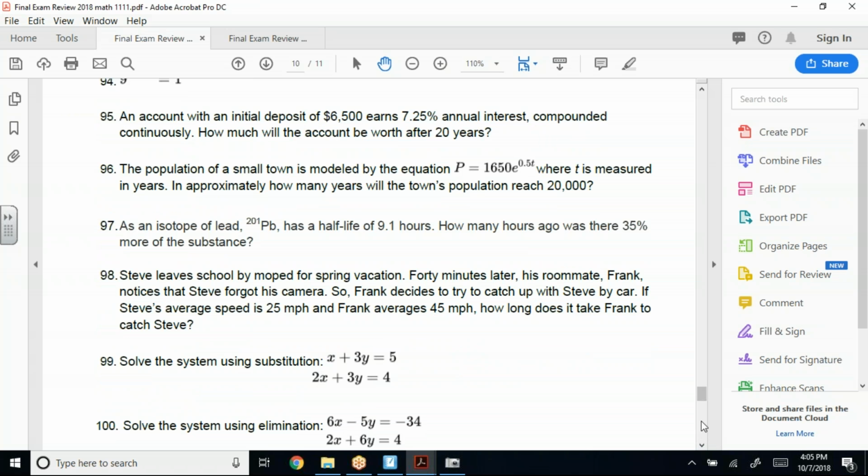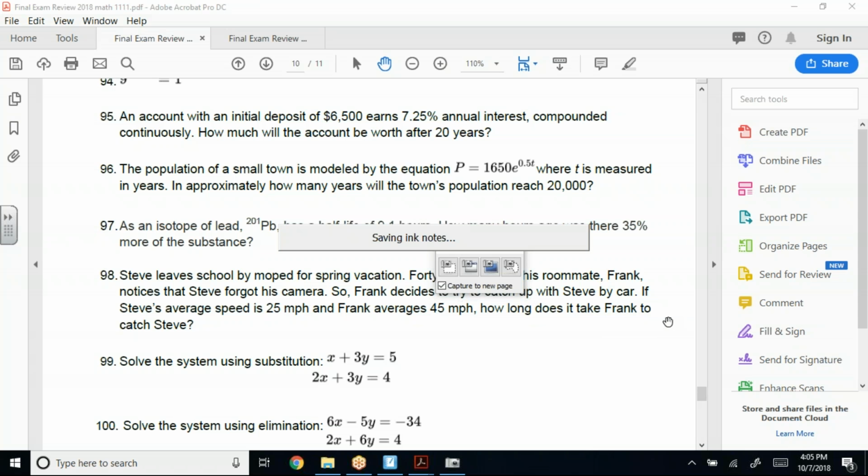So D equals R times T. And will you have one like this? Yeah, probably so. So let's go look at it. Okay.